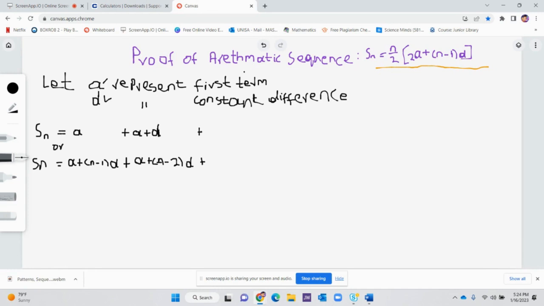To get to the third term, we add d again, creating a 2d. So that means we're going to have a plus 2d.